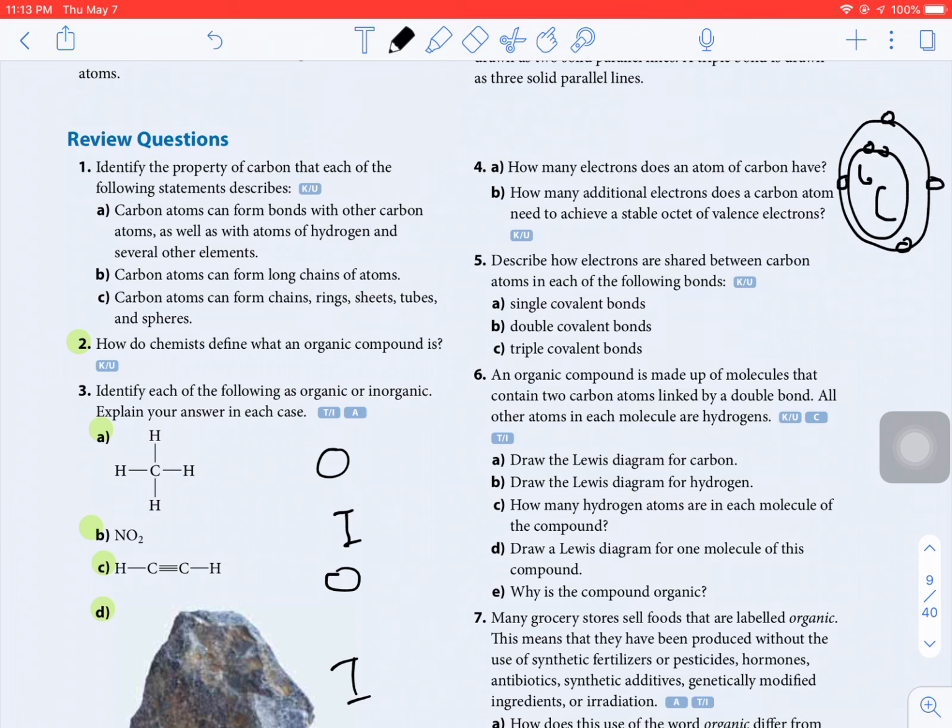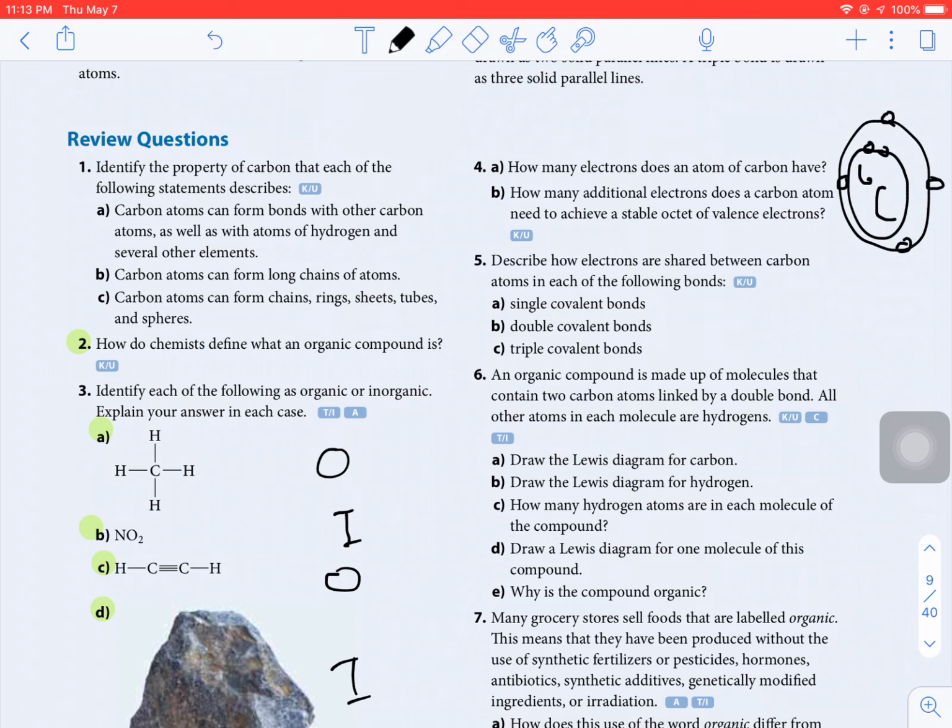So there's carbon. It's got 6 electrons, 4 of them in the outer shell, so it needs 4 more electrons. Okay, how many additional electrons does it need? It needs 4 more.